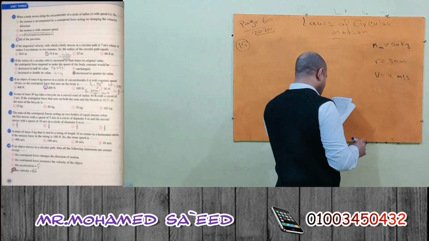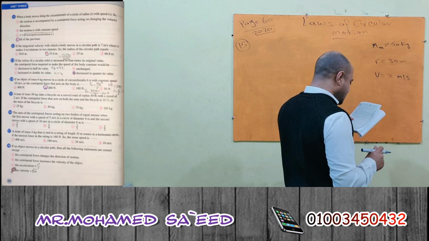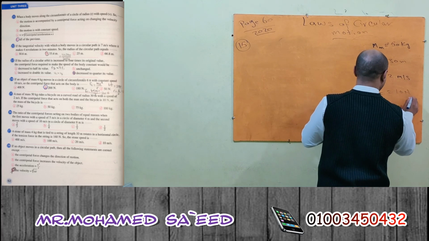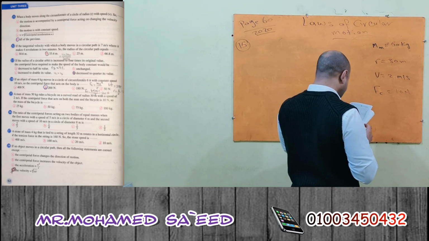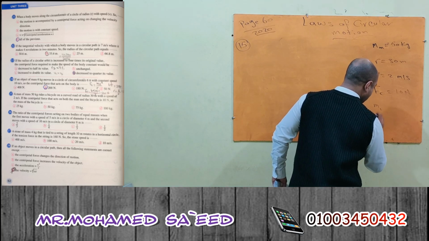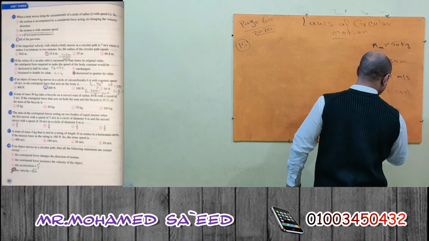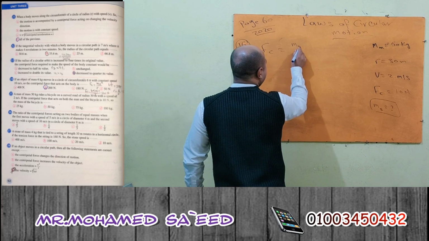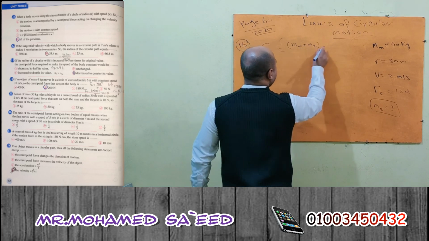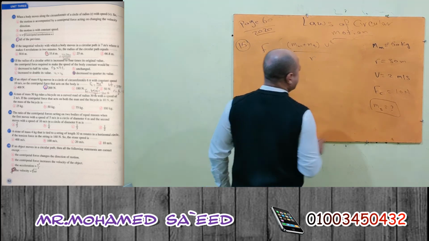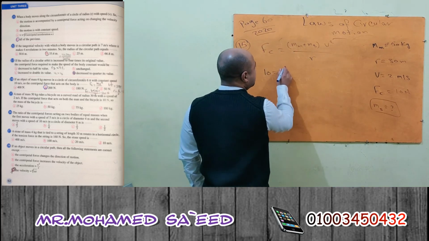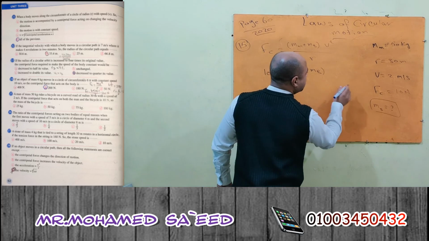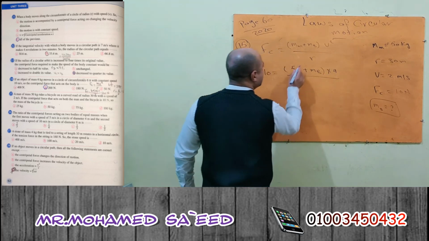If the centripetal force that acts on both the man and the bicycle is 10 Newton, what is the mass of the bicycle? Fc equals the mass of the man plus the mass of the bicycle, times v square over r. By substituting, 10 equals 50 kilograms plus the mass of the bicycle, times v square, 2 square, 4, over the radius 30.